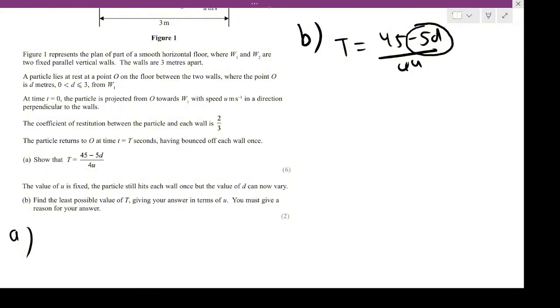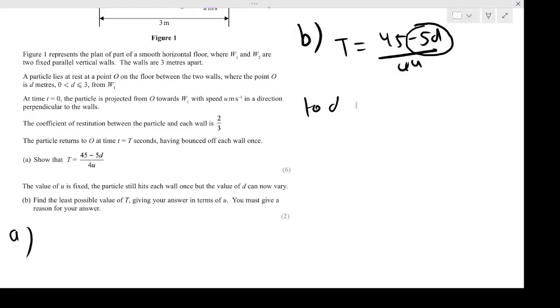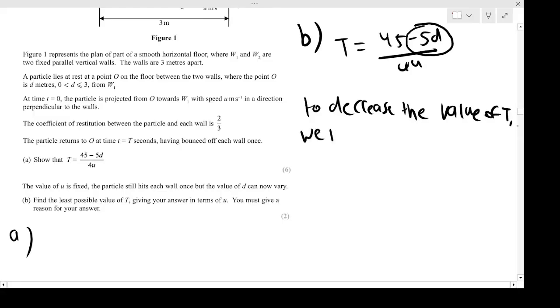So if that's the only part we can change, we're going to want to increase d, so we subtract a big number. Hopefully happy with that. So to decrease the value of t, we want to increase the value of d.